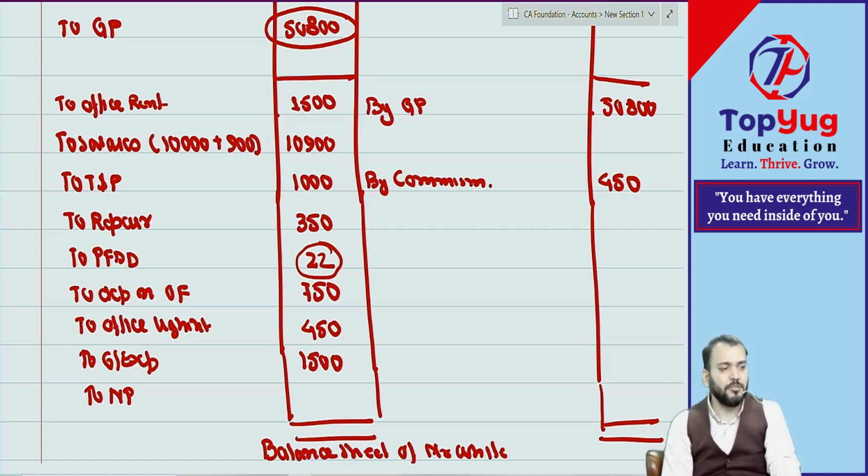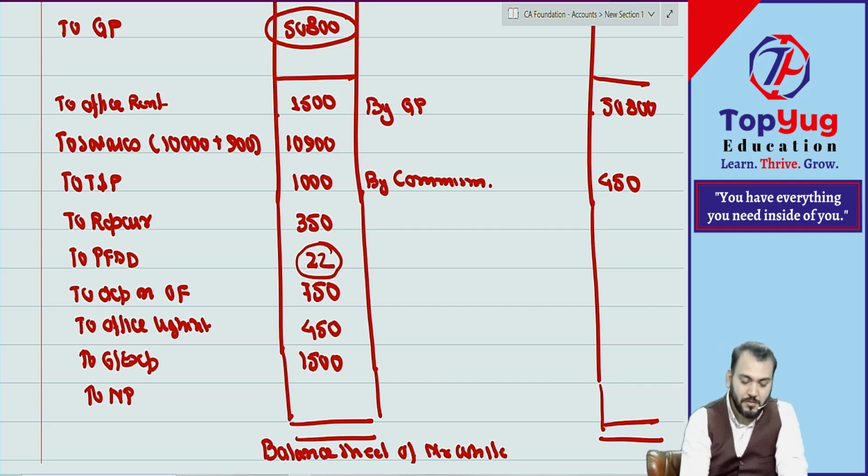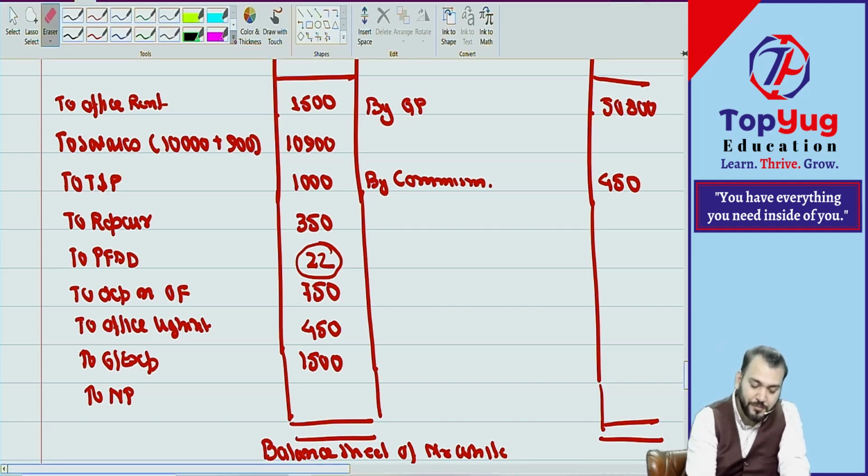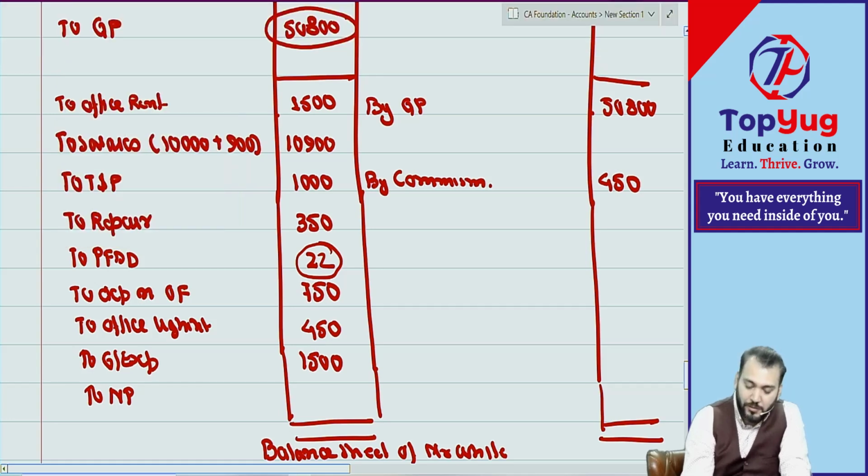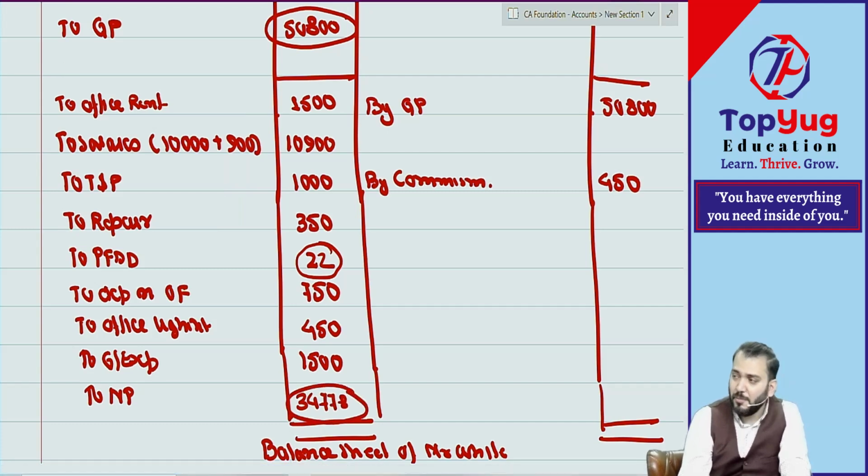You don't have a calculator also. 34,778. What happened to your calculator? 3,477. This type of mistake please avoid.